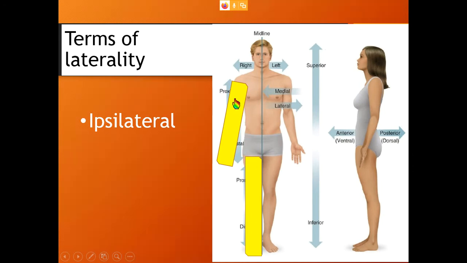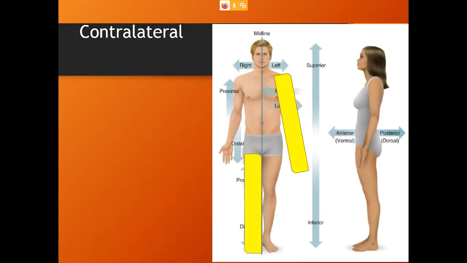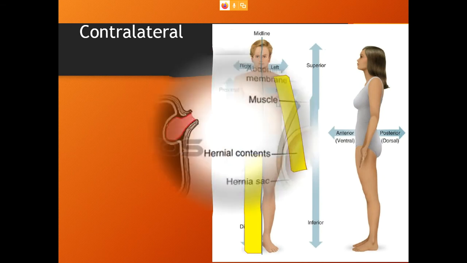Ipsilateral paralysis: if you see a paralytic patient with a paralyzed upper limb and lower limb on the same side, that is called ipsilateral. Then contralateral means opposite side. Right upper limb and left lower limb, or left upper limb and right lower limb, that is called contralateral.